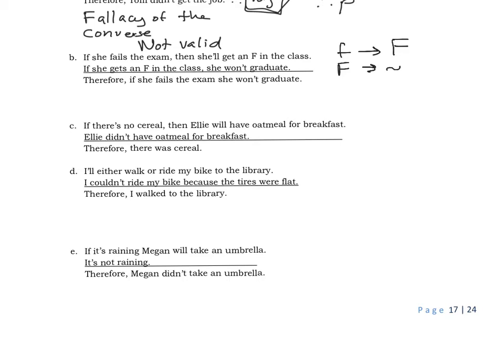So we'll do the negation of G. Therefore, if she fails the exam, then she won't graduate. So finally we have a good example of the law of syllogism. It looks a little bit like the transitive property, doesn't it? So this would be valid because of the law of syllogism.